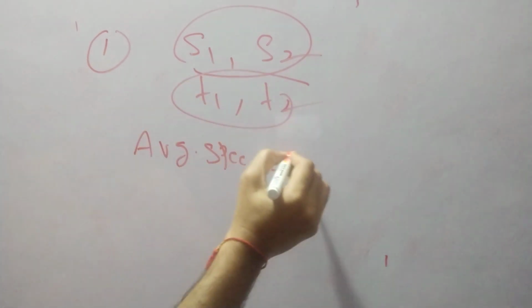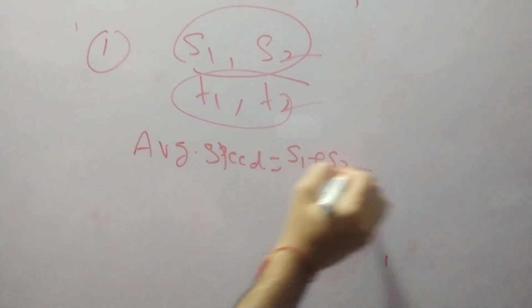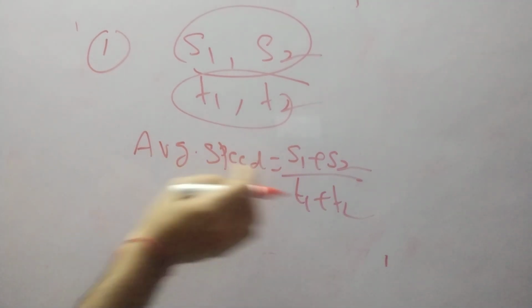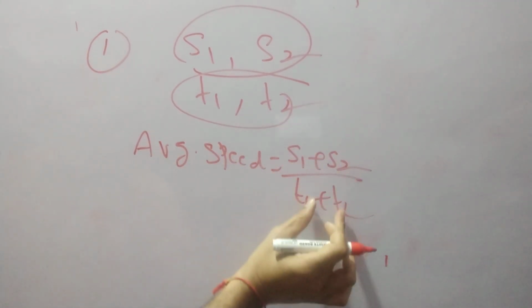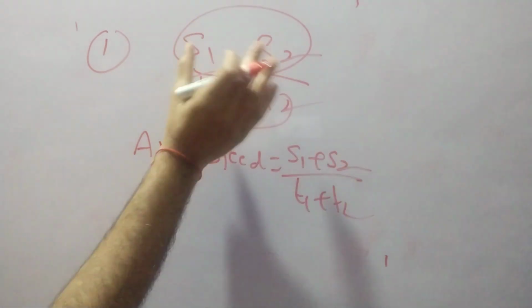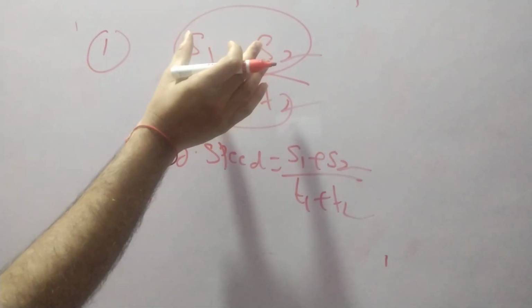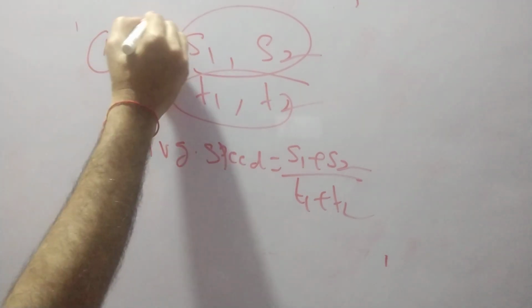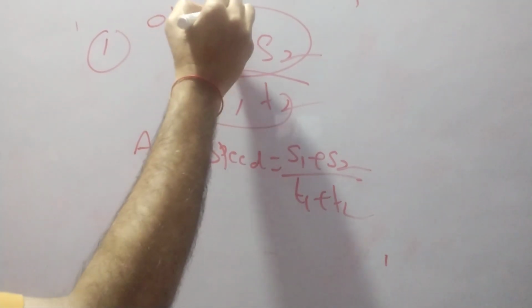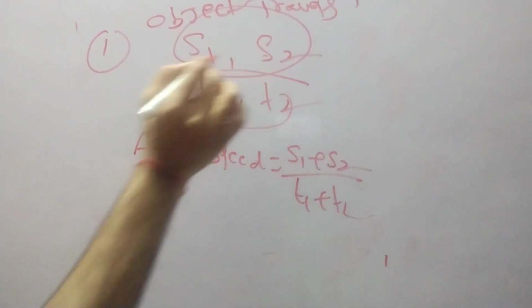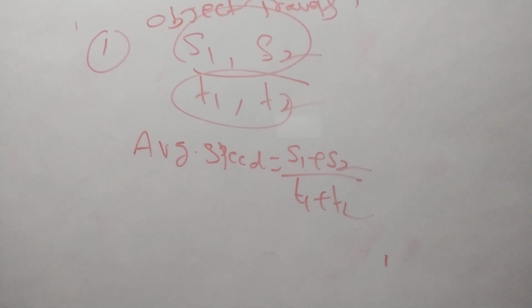Total distance is s1 plus s2, and total time is t1 plus t2. Because speed is distance by time, and the values given are distance and time, we write the same values to get the average speed if only distance and times are given.